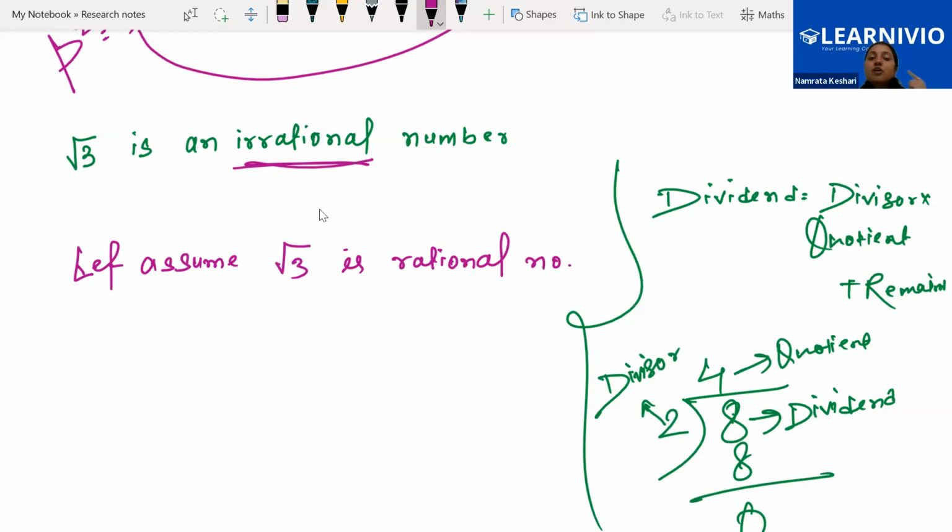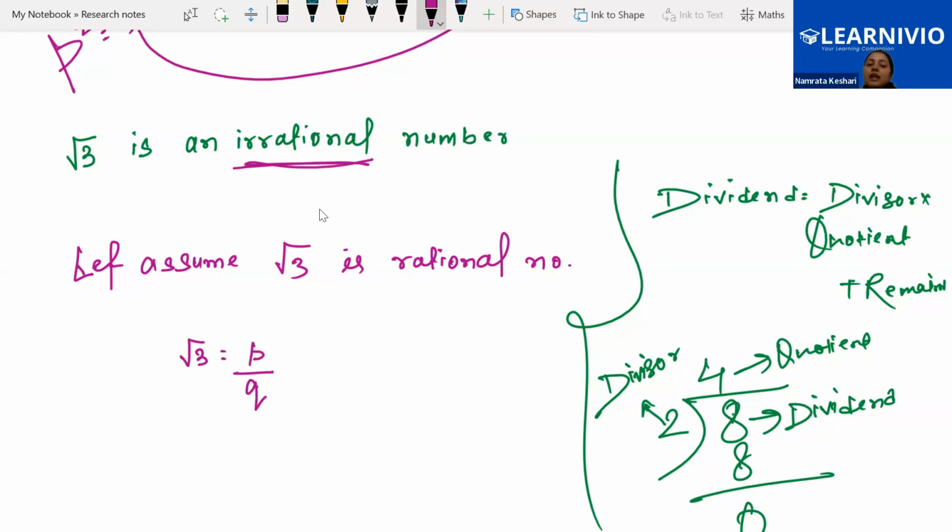What was the definition of a rational number? Any number which can be represented in the form of p by q, where p and q are integers and q, the denominator, is not equal to 0, those numbers are rational numbers. So we will be saying that root 3 we can represent as p by q or a by b or c by d, whatever you want to take.